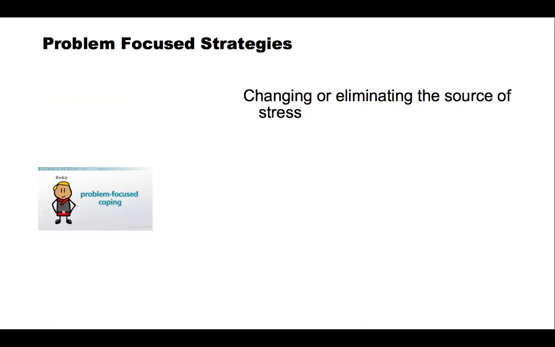So problem-focused coping is aimed at changing or eliminating the source of the stresses. And the three problem-focused coping strategies, which was identified by Folkman and Lazarus, are such as taking control, information seeking, and evaluating the pros and cons of the solutions.